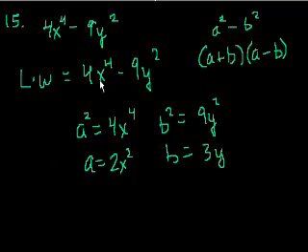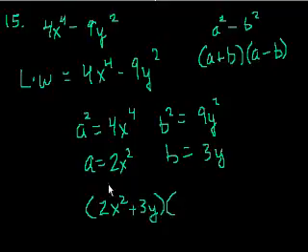Right? And so this definitely is equal to a squared minus b squared. So this expression right here can be factored into a plus b times a minus b. So a plus b is 2x squared plus 3y times a minus b, 2x squared minus 3y.